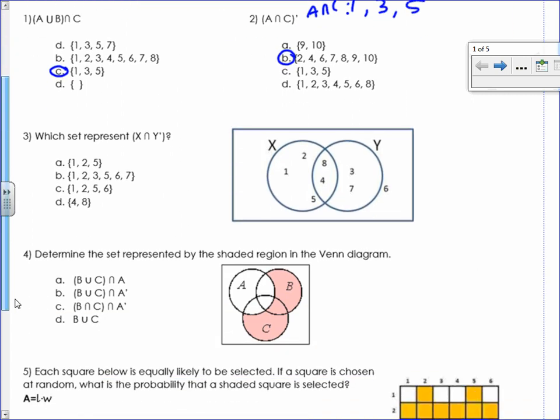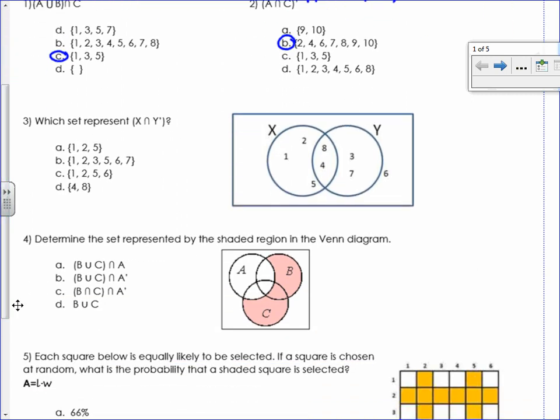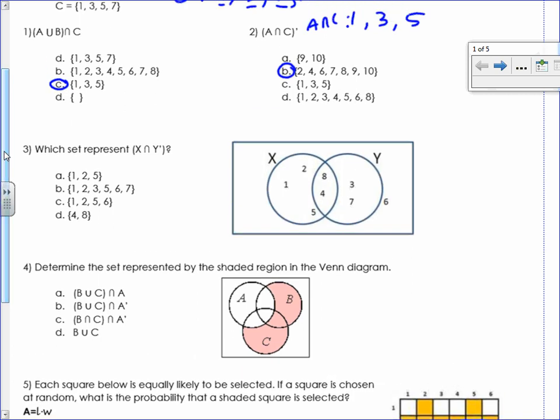Number 3. Which set represents the intersection of X and not Y? This is a little bit different because the tick mark is on the Y, versus the last one where the tick mark was outside the parentheses, so that applied to everything in that set.